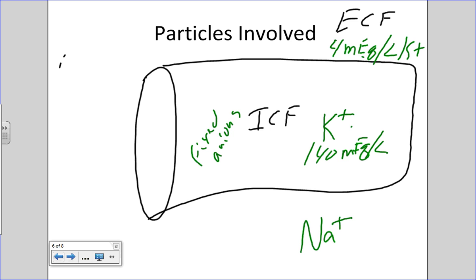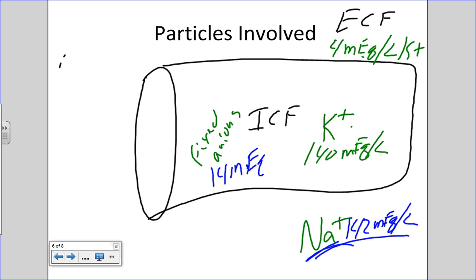Now let's take a look at sodium. With sodium, there will be about 142 milliequivalents per liter of potassium. Oh, goodness gracious, of sodium, I'm sorry. And then there's going to be about 14 milliequivalents of sodium in the intracellular fluid.